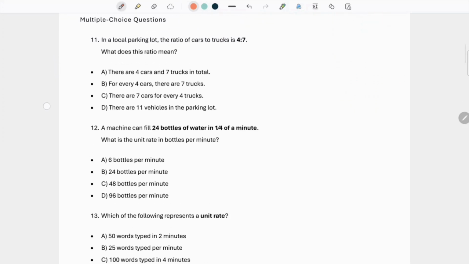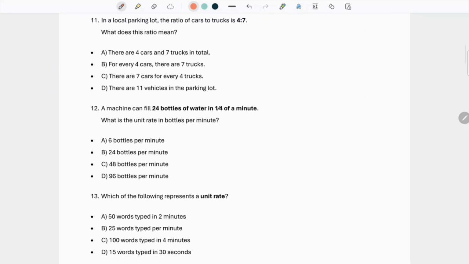Now, let's move on to question 11. In a local parking lot, the ratio of cars to trucks is 4:7. What does this ratio mean? Does it mean there are only 4 cars and 7 trucks in total? Does it mean for every 4 cars there are 7 trucks? There are 7 cars for every 4 trucks. There are 11 vehicles in the parking lot.